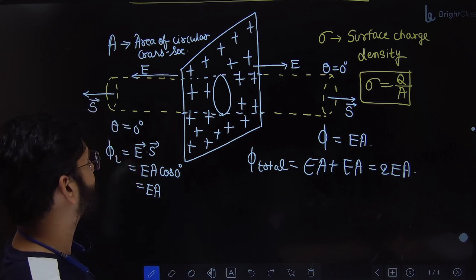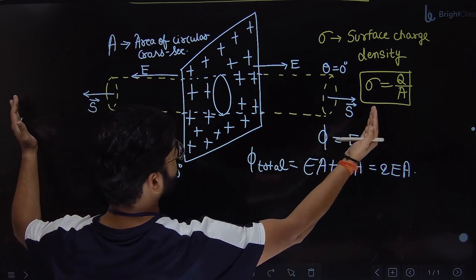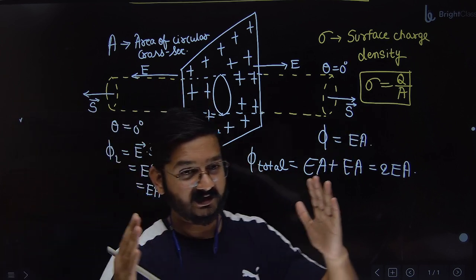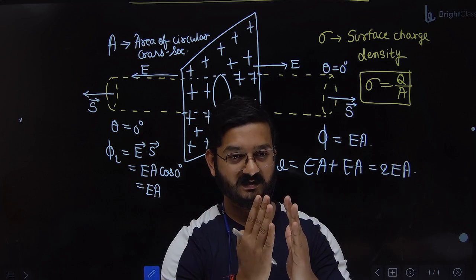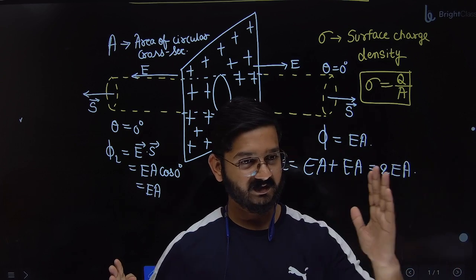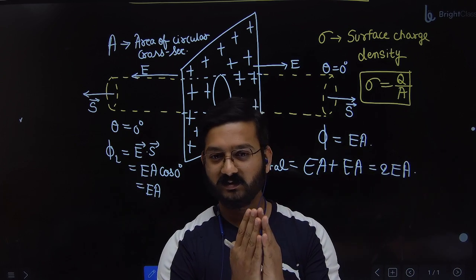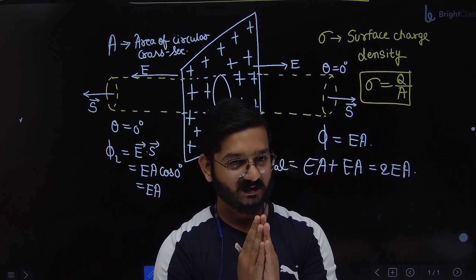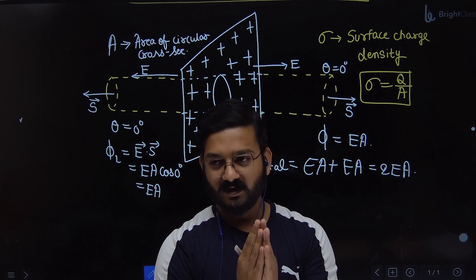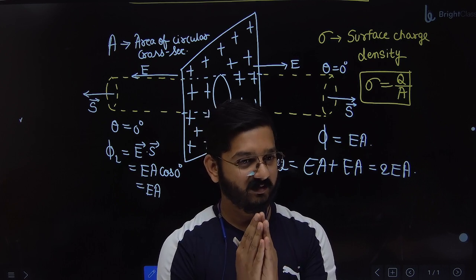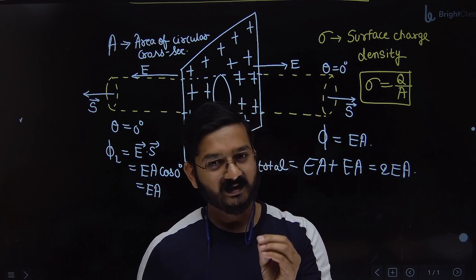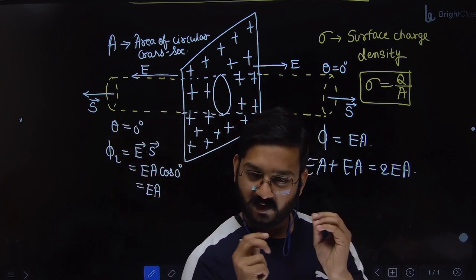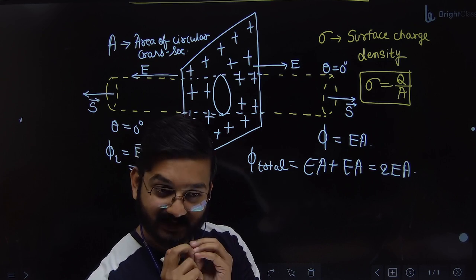In negative, what will happen? Both of them will be coming towards the sheet. For a negative charge, the electric field comes towards the negative charge. So EA coming from here, EA coming from here. Again 0? No. 2EA, or you can say minus 2EA, but the magnitude will be 2EA. Remember that flux is a scalar quantity. You will always add them.